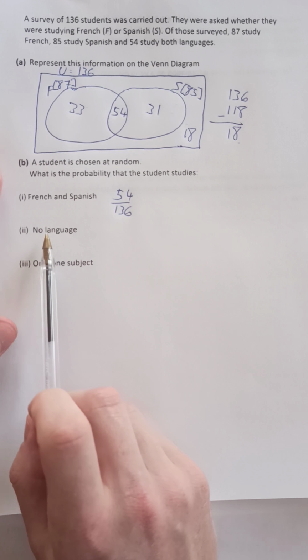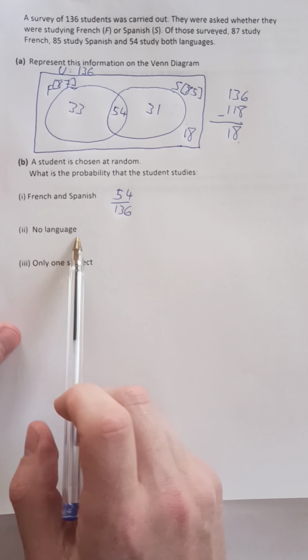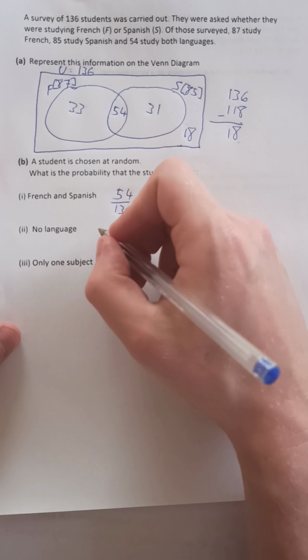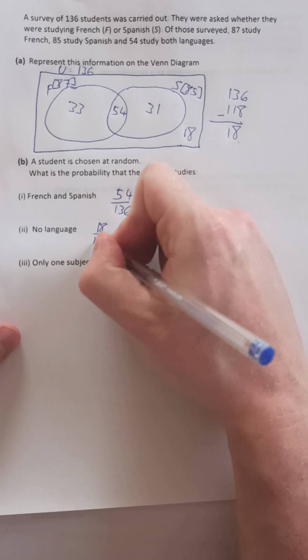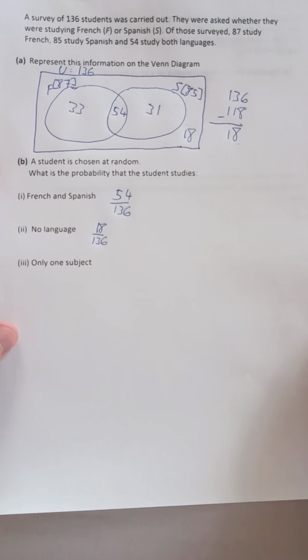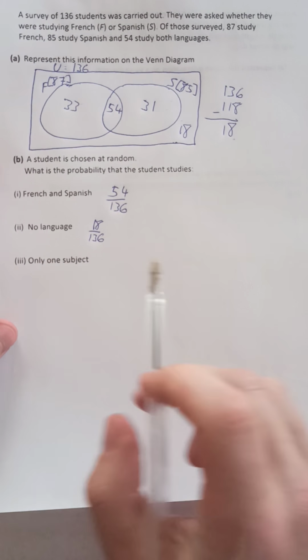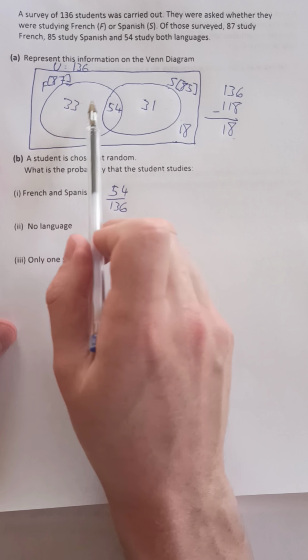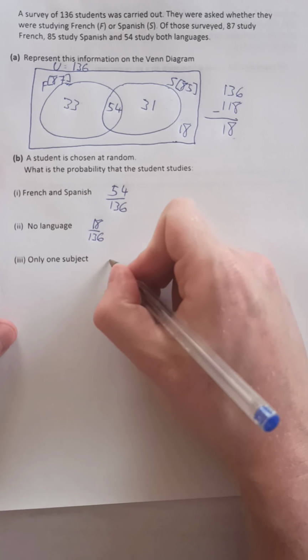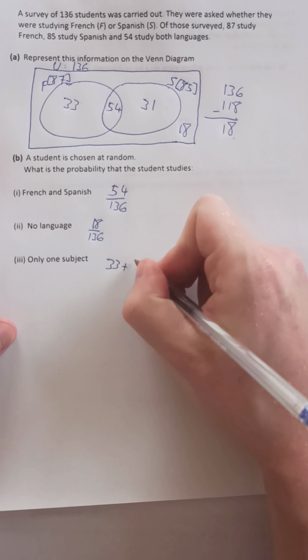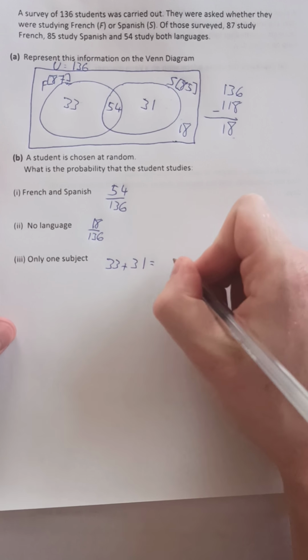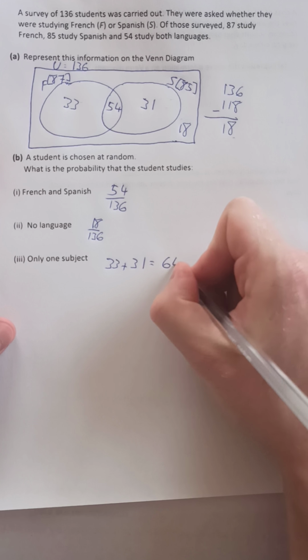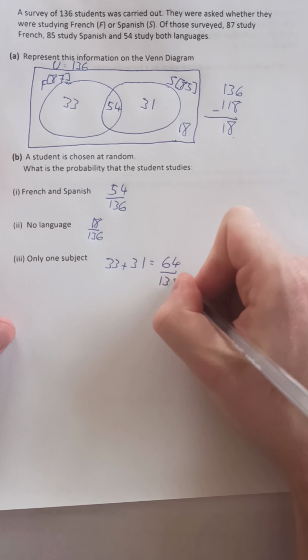The probability that a student studies no language is what we found here, and that is 18 over 136. And then only one subject, that is only French or only Spanish. So we'll have 33 plus 31, which is 64 over 136.